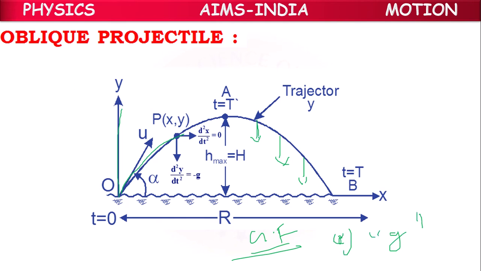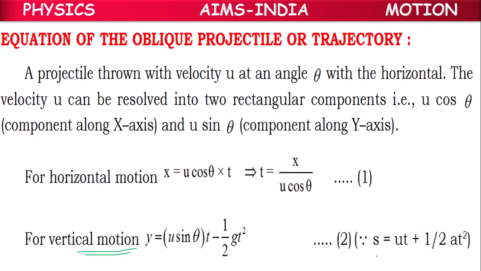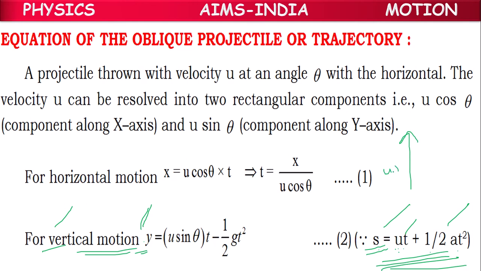So for the vertical component of a body, we have to consider the equations of motion of uniformly accelerated bodies. We take the formula S equals ut plus half at square, where S is the distance traveled. Vertical motion means it is traveling in the y direction. Let the distance traveled be y. Ut, where u means the beginning velocity. For the vertical component, what is the beginning velocity?